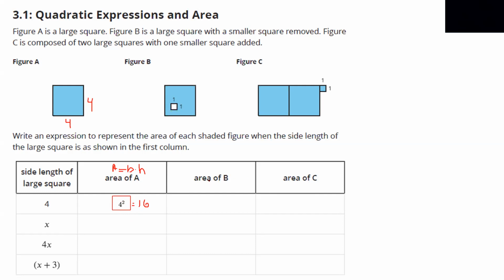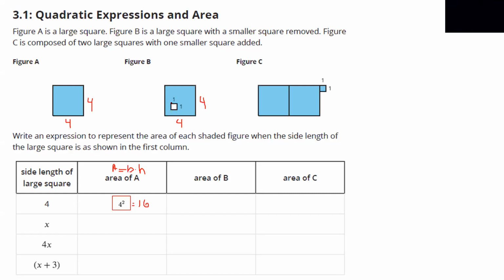For the area of B, you know that this side is 4 and this side is 4. So the area would be the base times the height, 4 times 4, which is 4 squared. But now we are removing the area of this square.